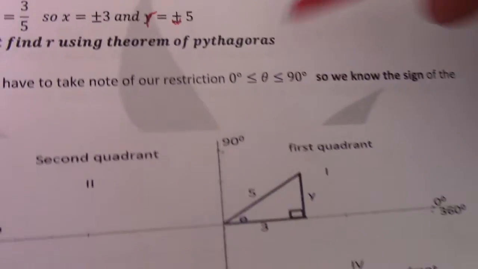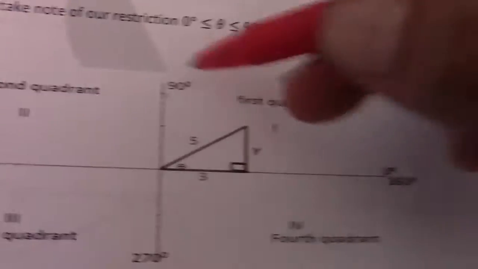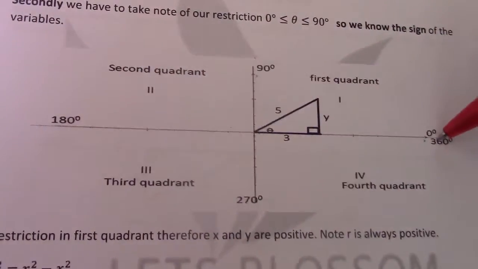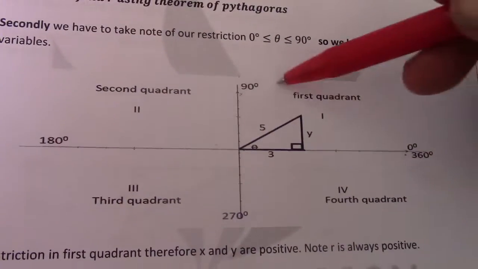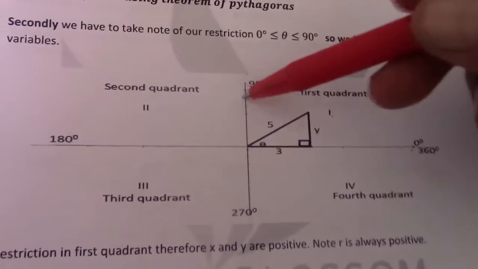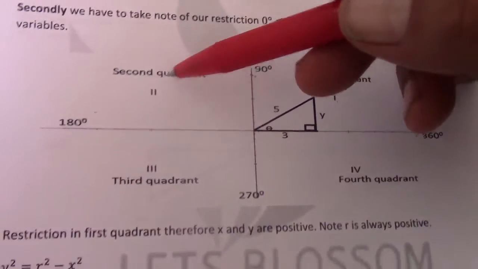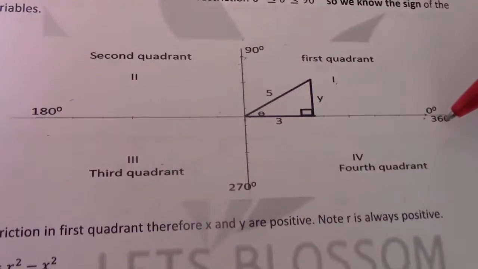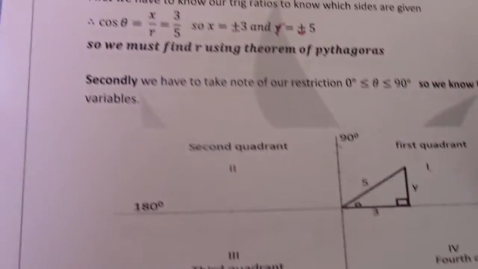So take note of our restriction, 0 to 90. So there's 0 degrees, there's 90, there's 180, there's 270, there's 360. So 0 to 90 falls in the first quadrant, 90 to 180 in the second quadrant, 180 to 270 the third quadrant, and 270 to 360 the fourth quadrant.